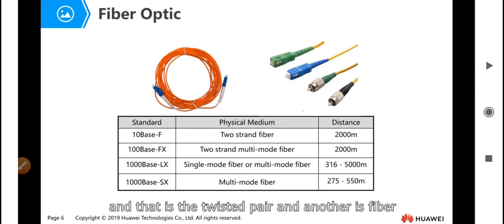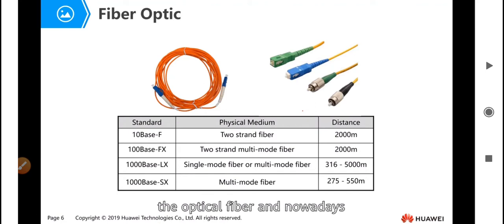Another is the fiber, the optical fiber. Nowadays, the fiber is also widely used, and the optical fiber can support higher speed than twisted pair.